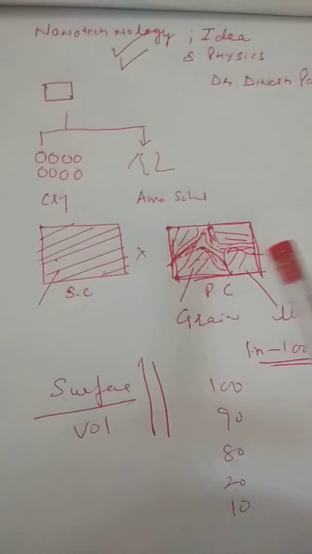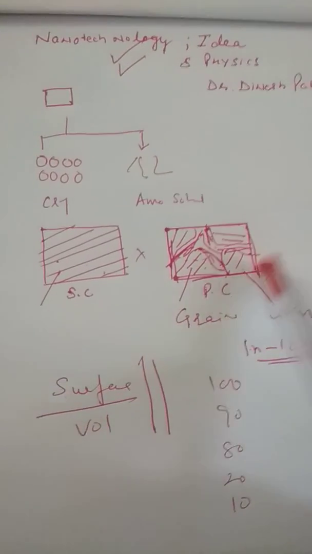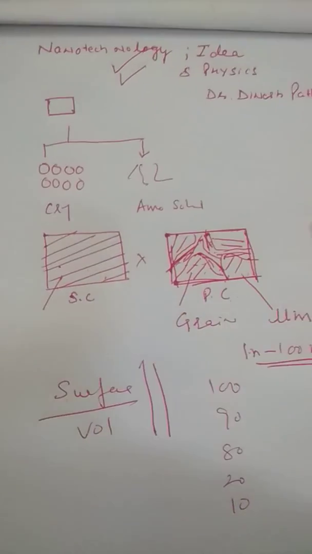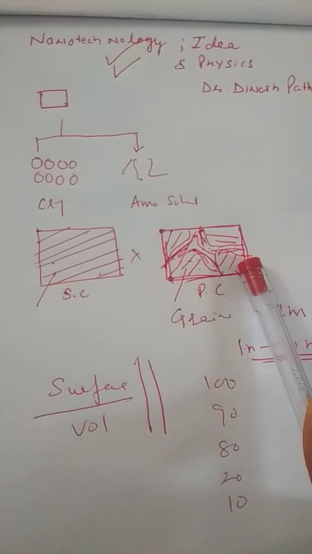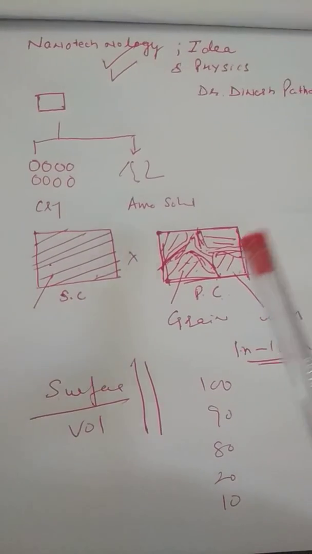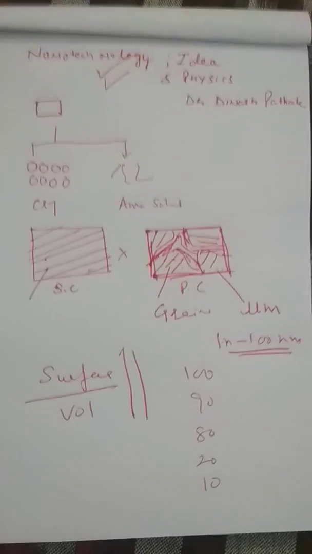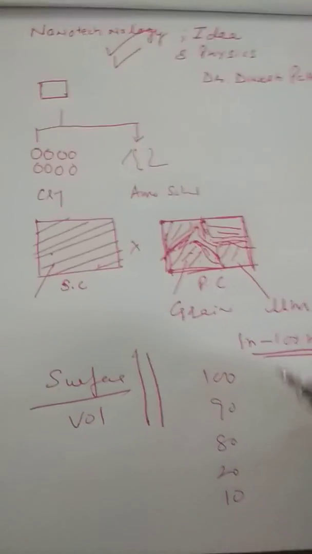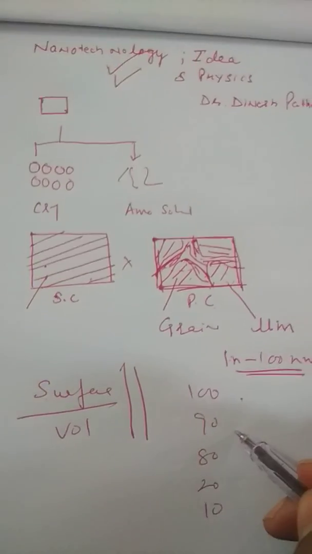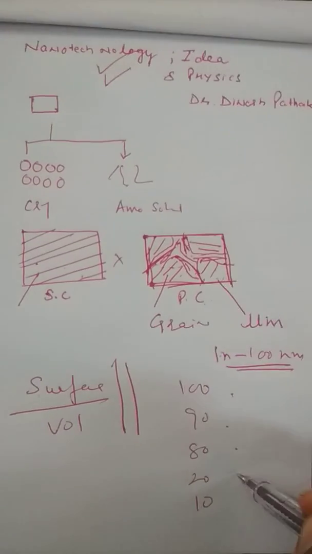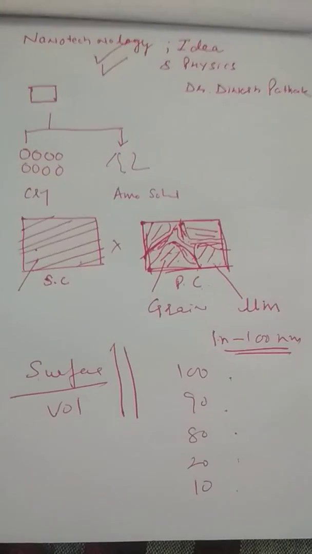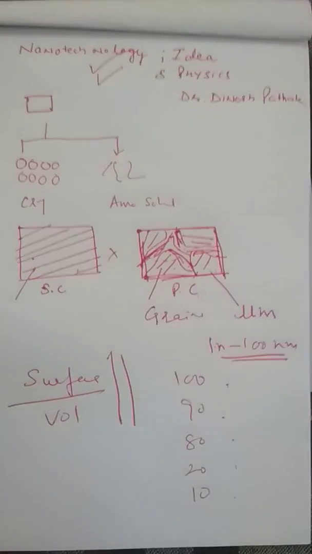Why? Because if the surface to volume ratio is high, obviously they will have different optical properties, different magnetic properties, different chemical properties, different electrical properties. By reducing the size, if we are making a material of say 100 nanometer, 90 nanometer, 80 nanometer, 20 nanometer, or 10 nanometer and even smaller, all these materials will have different properties than their starting materials.